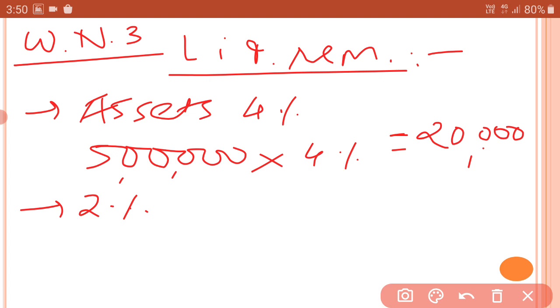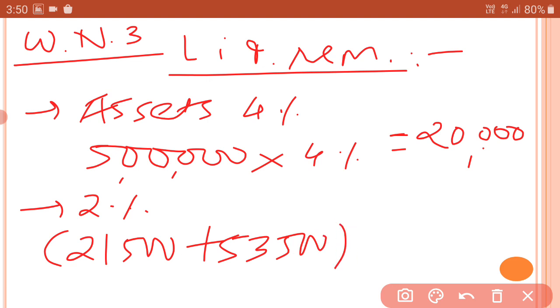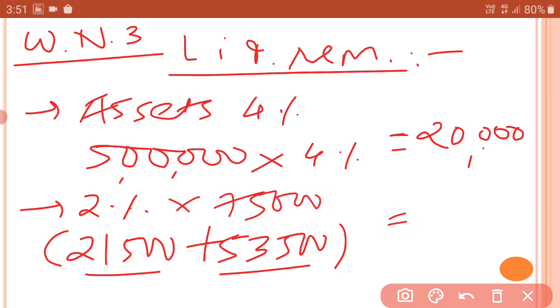So we pay 21,500 for preferential creditors and 53,500 for unsecured creditors. It's working note 1 and working note 2. So total amount is 75,000. And we calculate 2% on 75,000. Your answer is 1,500. So you pay total remuneration 21,500.